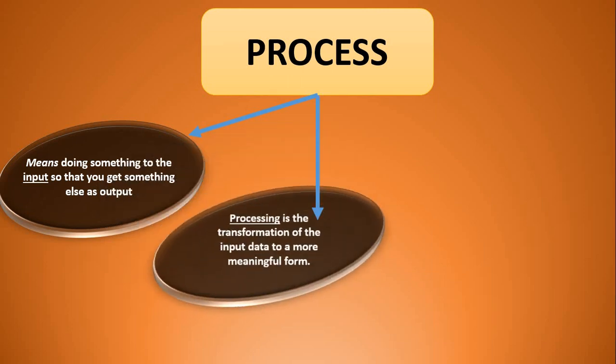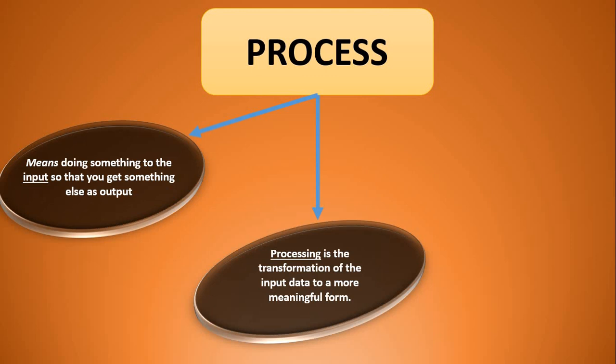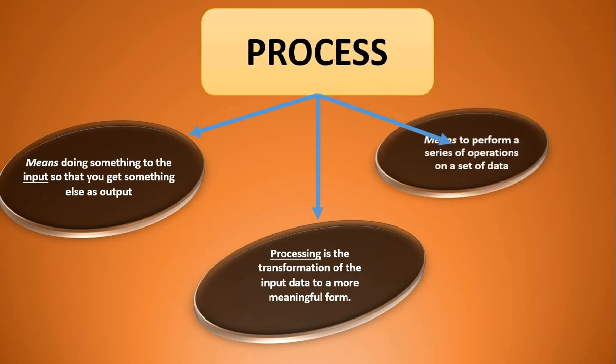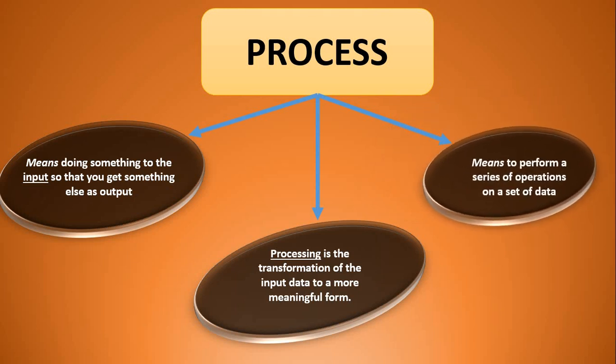That is, transformation of the input data to a more meaningful form. We have to convert the input data to some kind of output or some meaningful form. How to transform the input data to more meaningful form? That is, the computer or any device will perform a series of operations on this set of data that is being given to it.